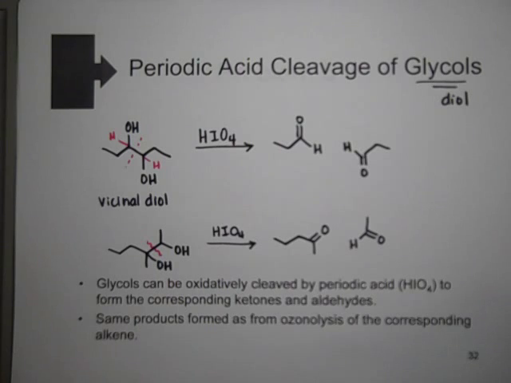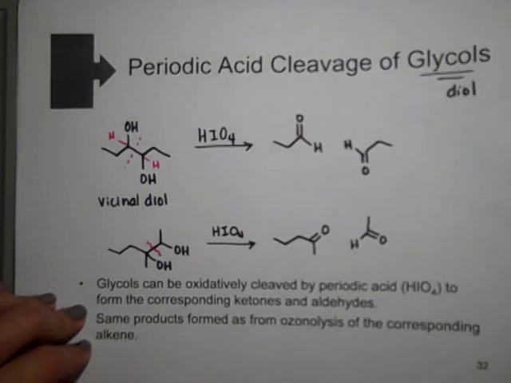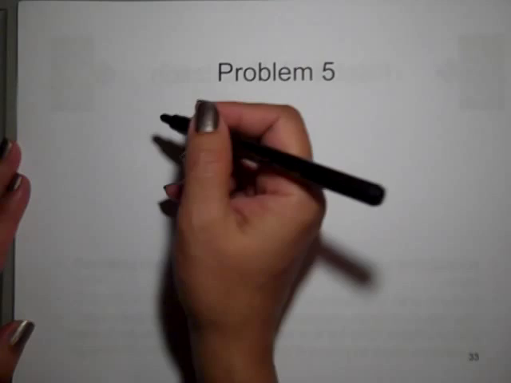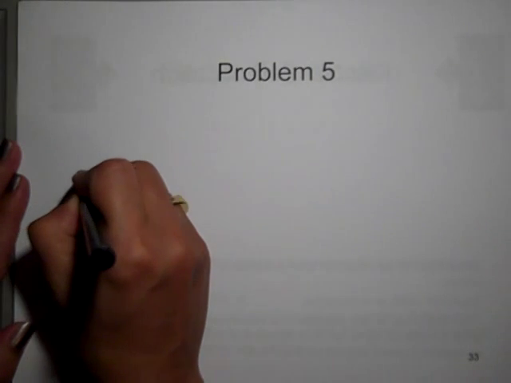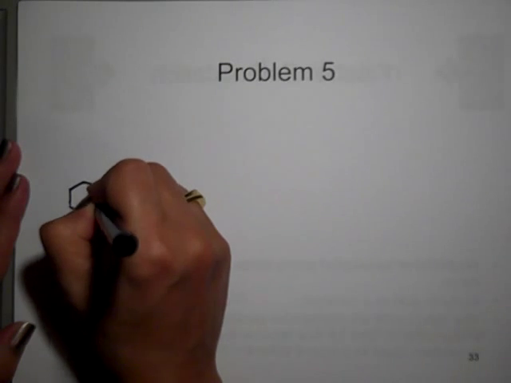Let's go back in time and get a couple of reactions that can get us that diol. Let's do a review. I like reviewing. Reviewing is good. Let's start with the double bond.